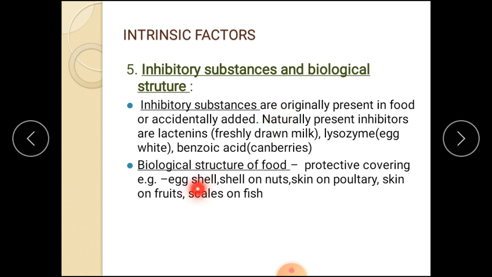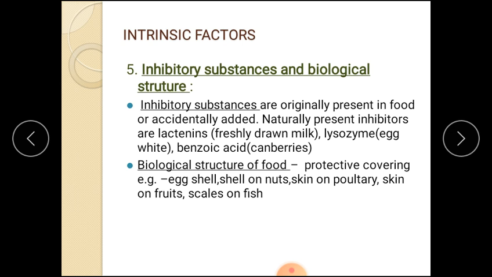Other biological structures, for example fish contains scales, egg contains shell, nut contains shells, skin of the poultry. These are the biological structures itself which may not allow the growth of organism.